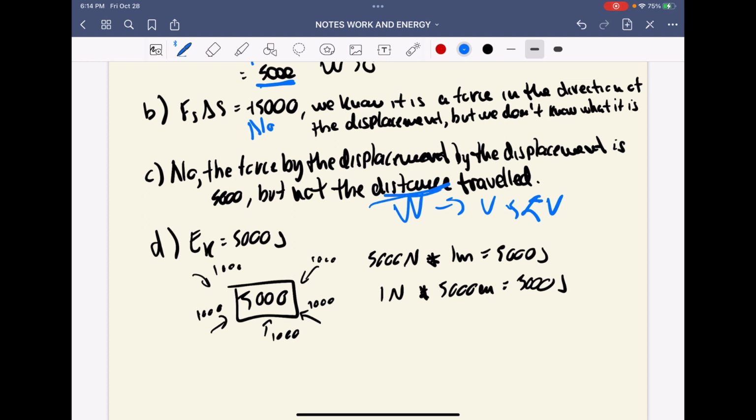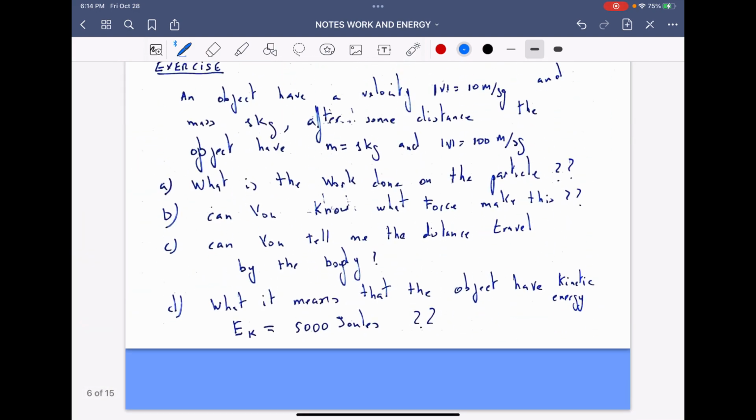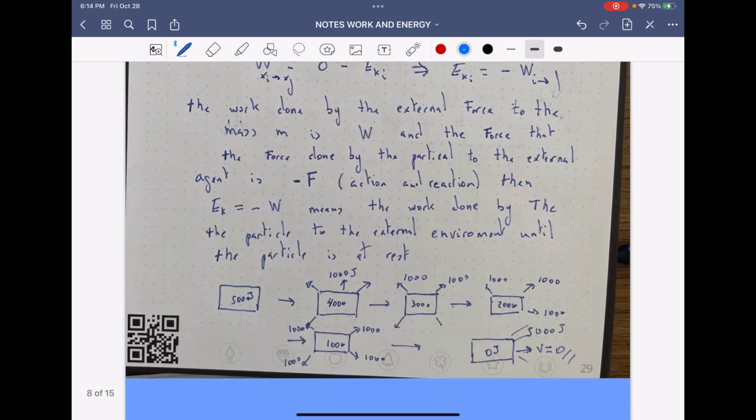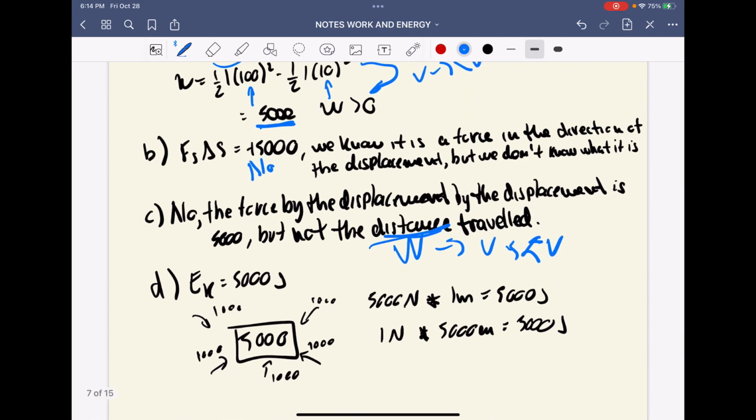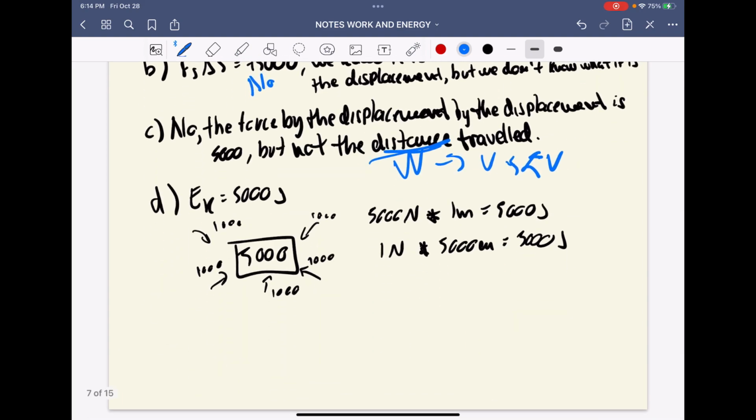And D says, what does it mean that the object has kinetic energy of 5,000 joules? So 5,000 joules just simply means that the object has 5,000 joules, and the energy comes from different places. It could be 1,000 here, 1,000 here, 1,000 here, 1,000 here, 1,000 here.